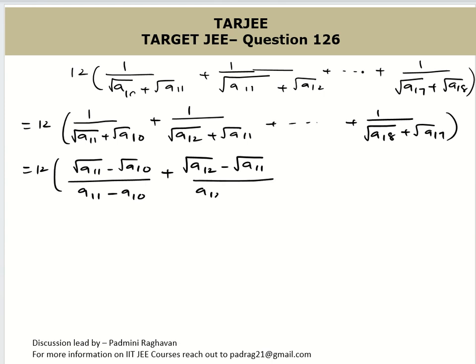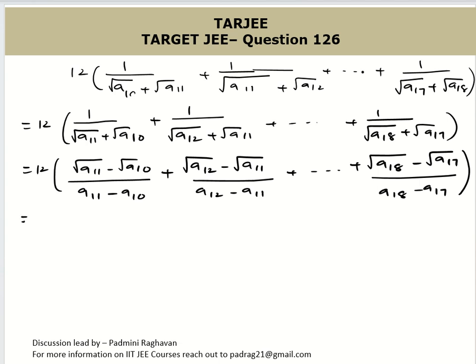Denominator turns out to be A12 minus A11 and so on. The last term is going to be root A18 minus root A17 divided by A18 minus A17. In an arithmetic progression, any term minus the previous term is normally taken as D. So all denominators will be D.